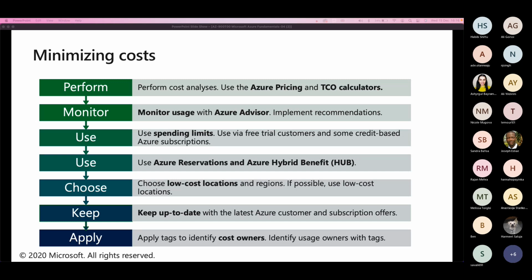It may take slightly longer for a website to load if you are hosting it in a low-cost location that's not local to you, but if that's not a problem for you, if your customer won't mind waiting an extra second or two for websites to load, then that would be absolutely fine.